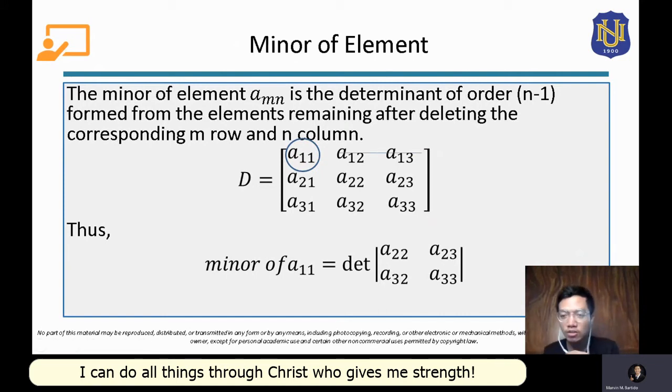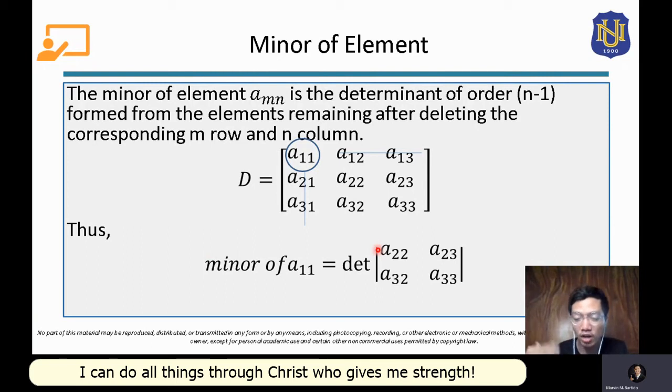After that, we are also going to delete the column where it belongs, which is the first column. And after that, we are going to solve for the determinant of the remaining matrix. This is the remaining matrix, A22, A23, A32, A33. So we are just going to solve for its determinant to get the minor of A11.